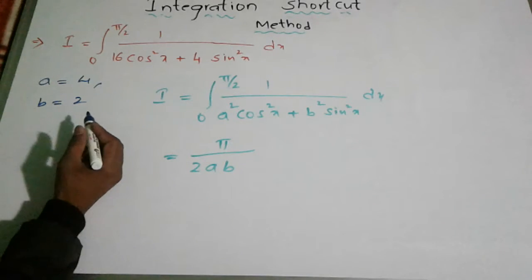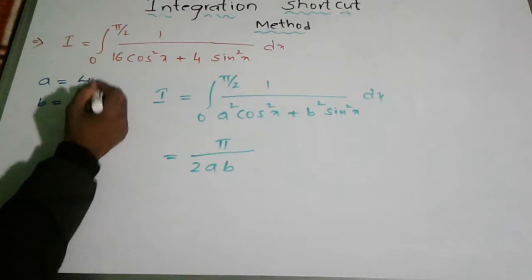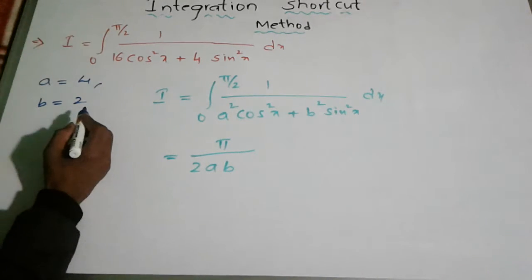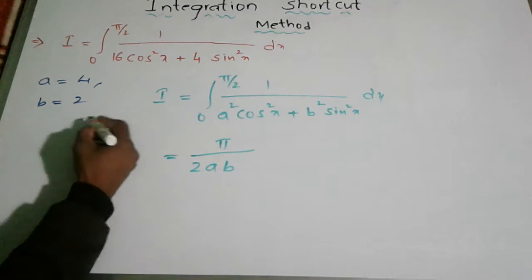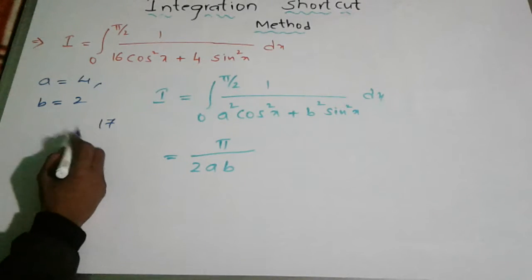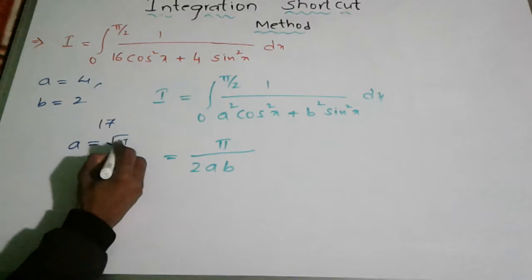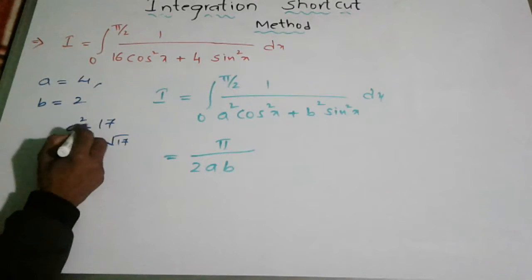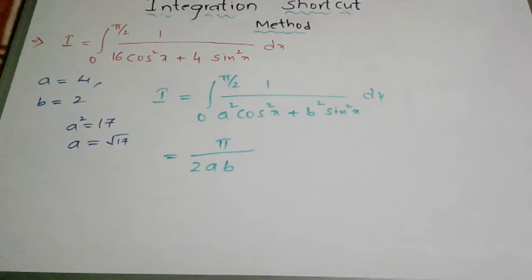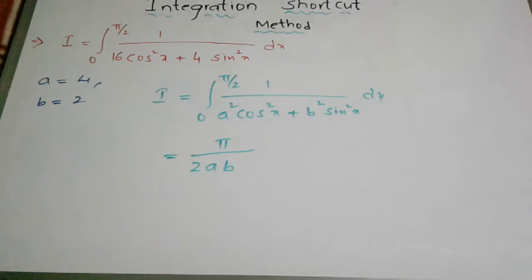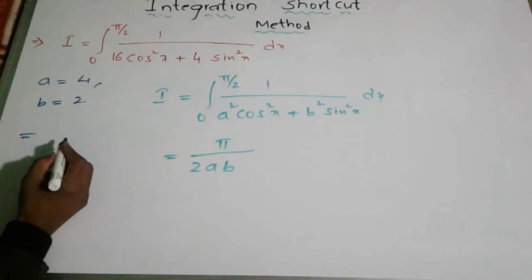And you may also change, if the value of a square is, let's say, 17, then the value of a becomes root 17, right? Okay guys, let me say the answer.